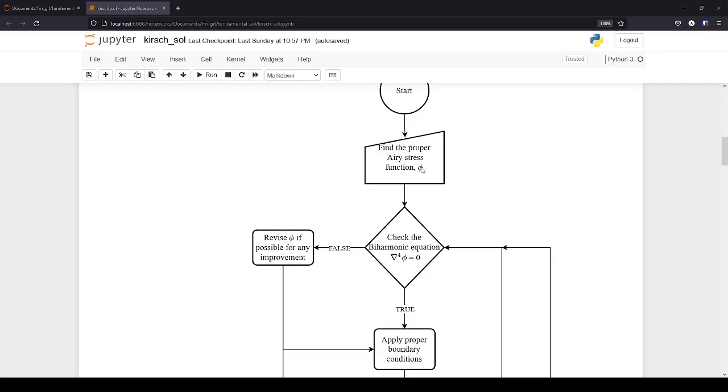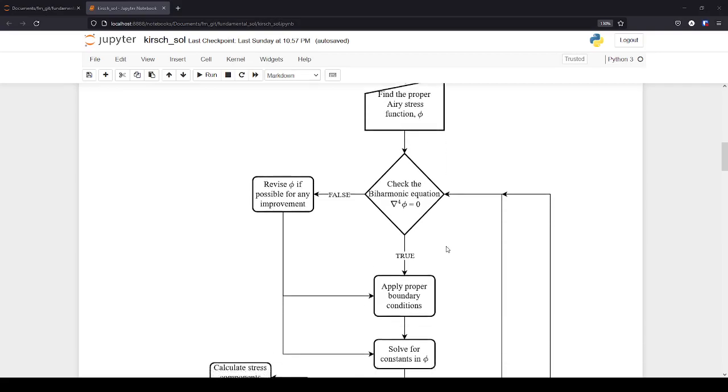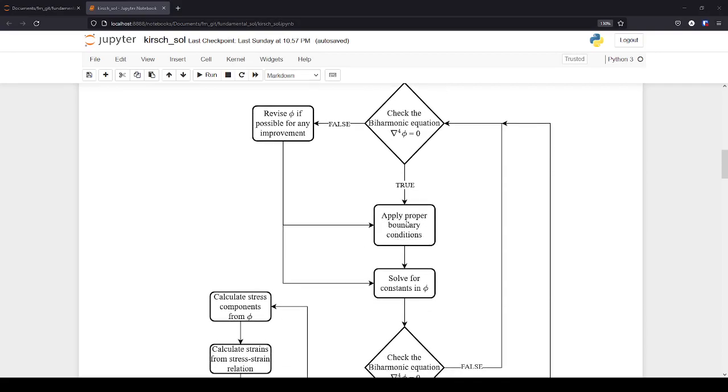And since we assume this potential function, we need to find some of the constants here using the biharmonic equation, because we are going to fulfill this, and also the boundary conditions here. So we use the boundary conditions to find these constants, and we go back and forth between these two states to find the proper phi.